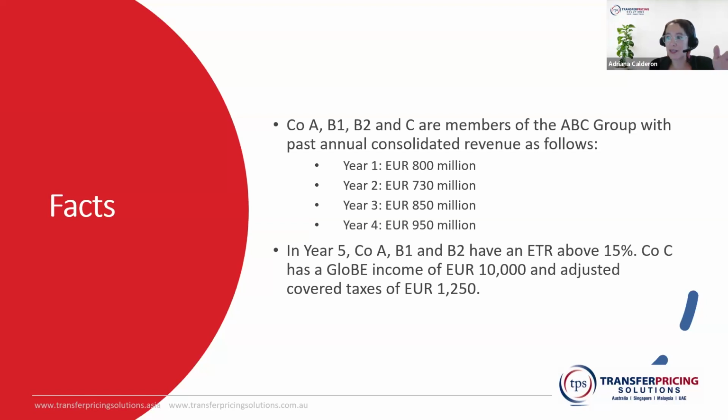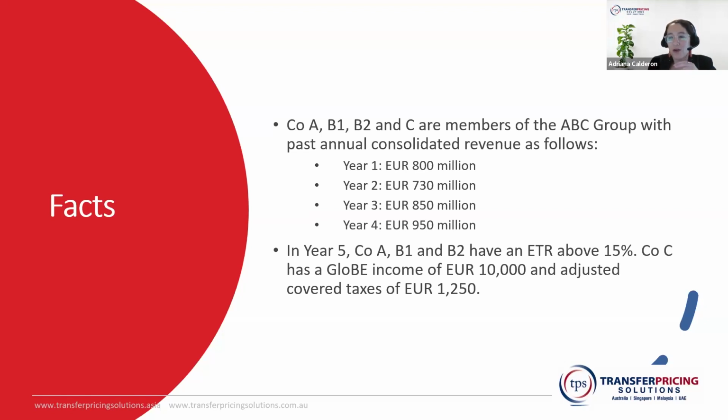So he already knows that company A, company B1, and company B2 have an ETR, effective tax rate, above 15%. Because of that, they don't come into consideration, since if the effective tax rate is 15%, then fine, you don't have to pay a top-up tax. So that's why company C is the one that comes into consideration here.